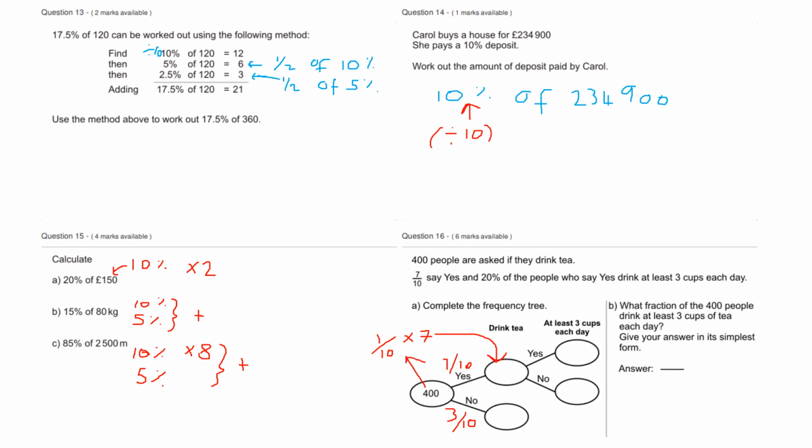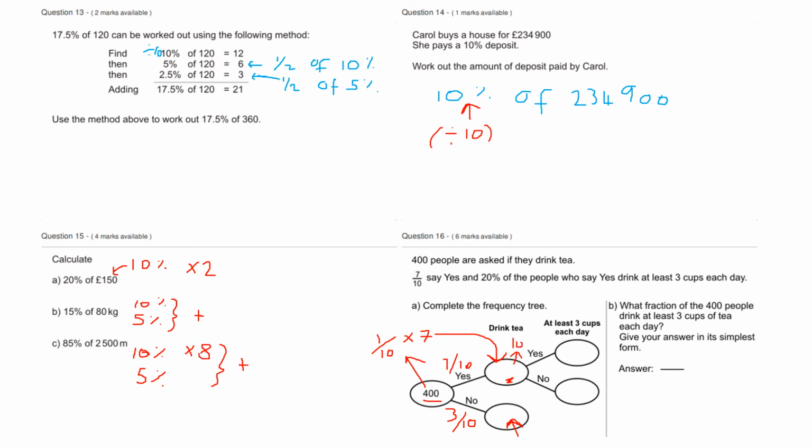For the bottom bit here, you can either take that 1/10 and triple it and write it in, or you could subtract your 7/10 answer, so this answer, off of 400, and that will tell you the answer for no here. Of the people who say yes, 20% of those, so you need to work out 20% of these.